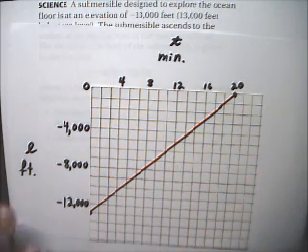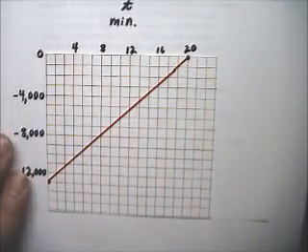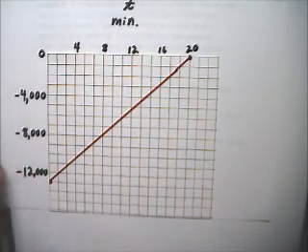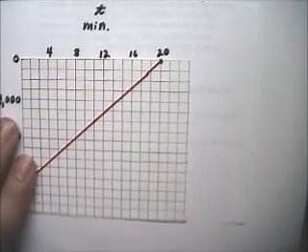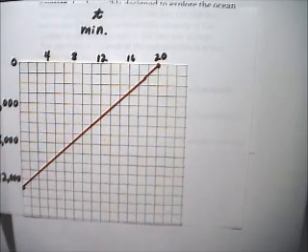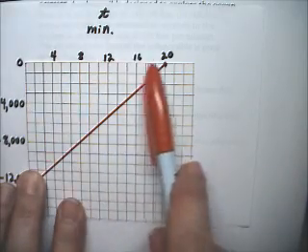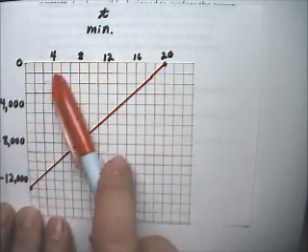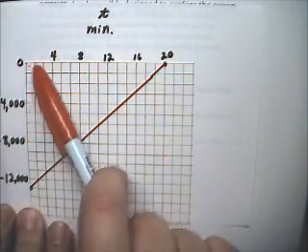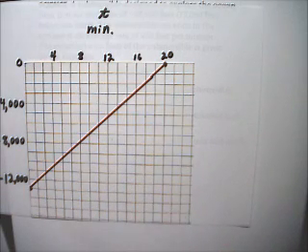And that's the graph. The last thing we have to do is identify the domain and the range. So the domain is where this goes, and based on our function, the domain goes from 0 to 20.